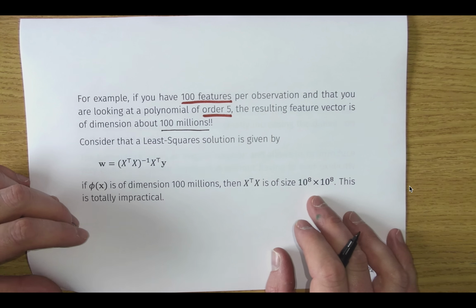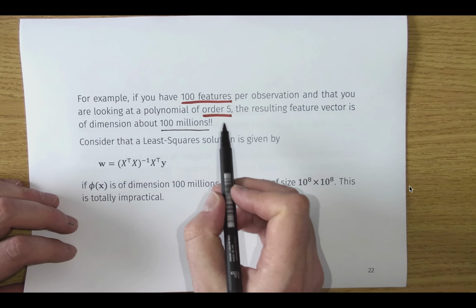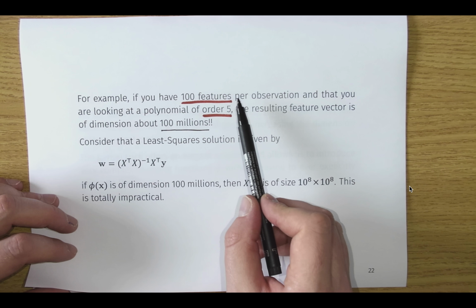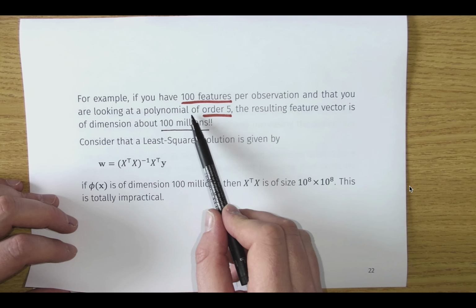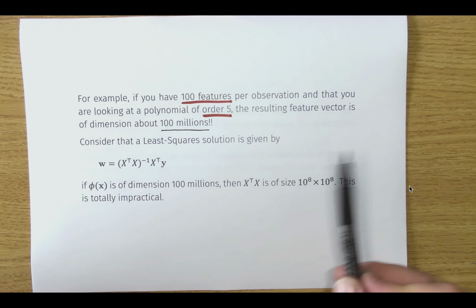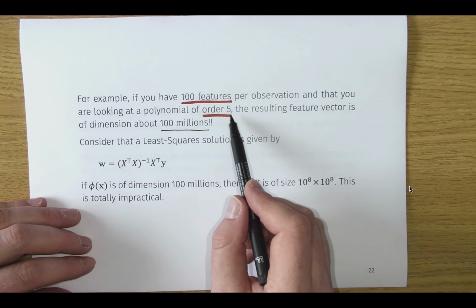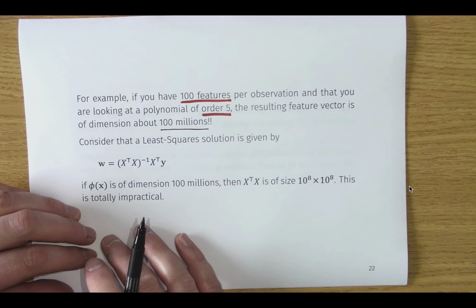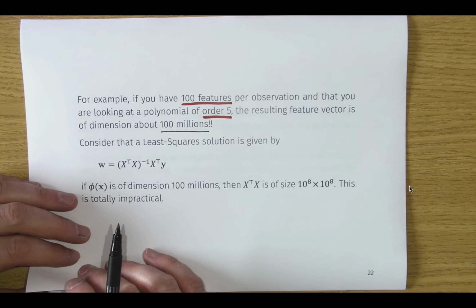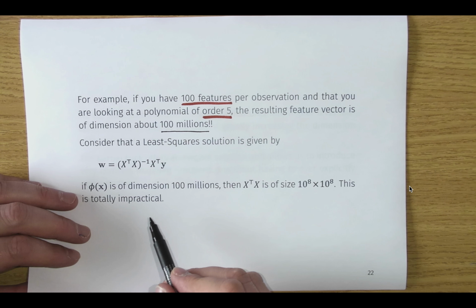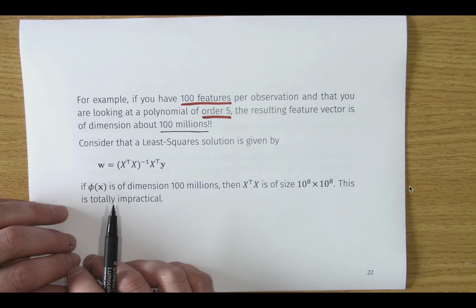Okay, so we started from a problem which had something very reasonable, 100 features, and we looked at a little trick of trying to expand the number of features just by using polynomials of order 5, which is not extraordinary. And then we end up with a totally impractical solution.